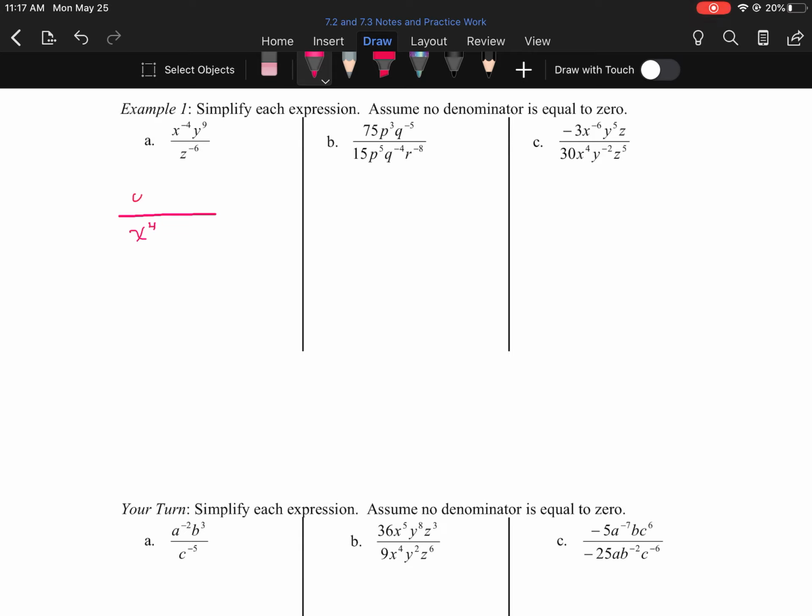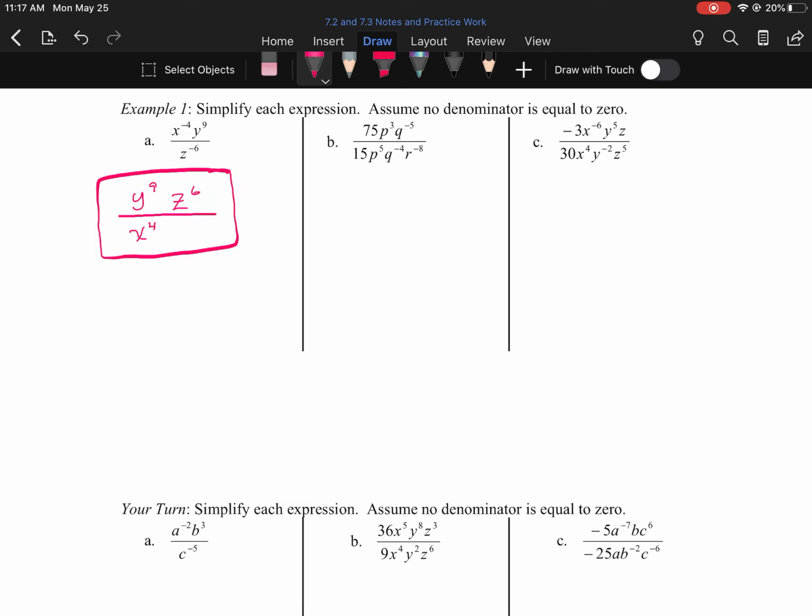It's in the numerator, it's going to stay in the numerator. And then finally, z to the negative 6, well, that's negative, and it's in the denominator originally, so I need to move it to the top and make it positive. Now we need to simplify this, if we can. So I have an x, a y, and a z. None are repeated, so we are good to go.